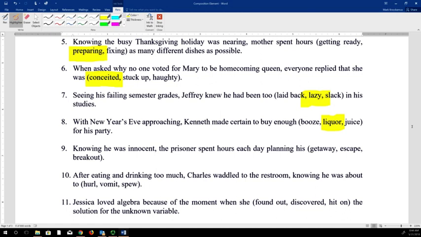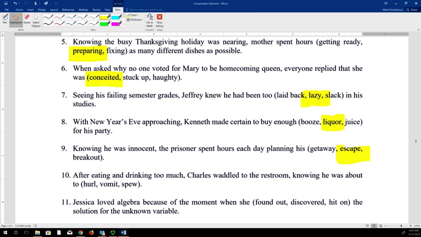Number 9, knowing he was innocent, the prisoner spent hours each day planning his escape. Get away, you see the get in there. Break out, you see the out. Those are indicators that both of those terms are slang. After eating and drinking too much, Charles waddled to the restroom, knowing he was about to blank.